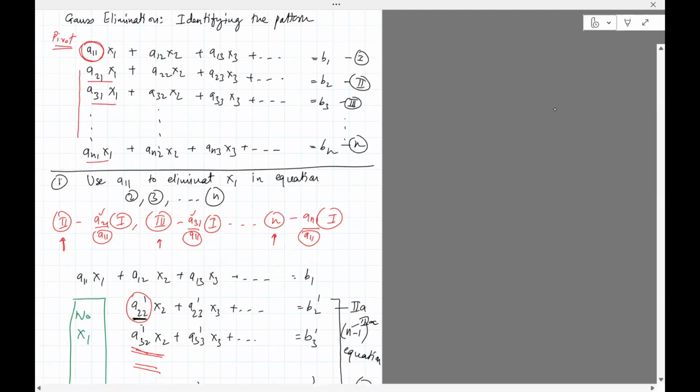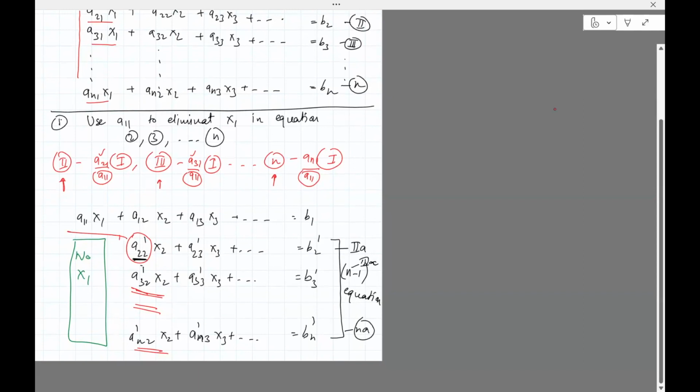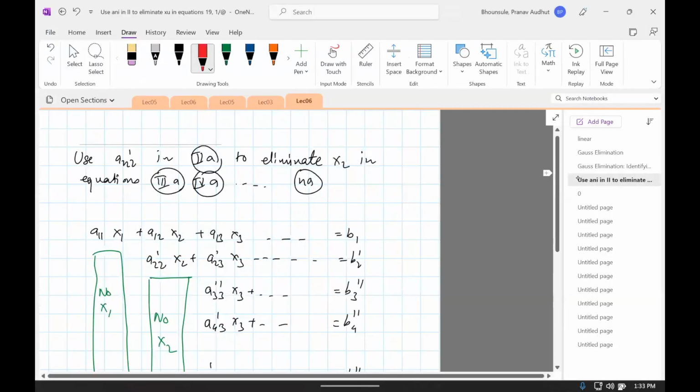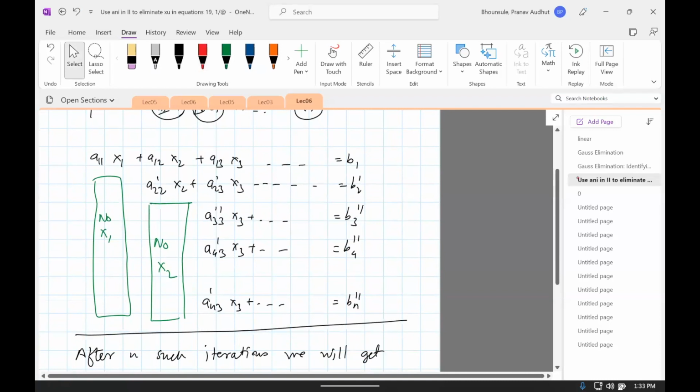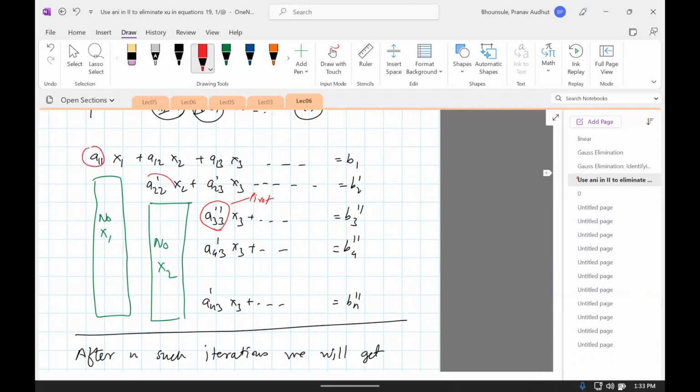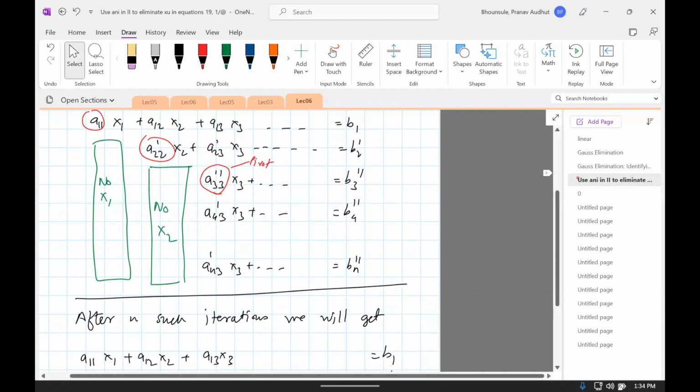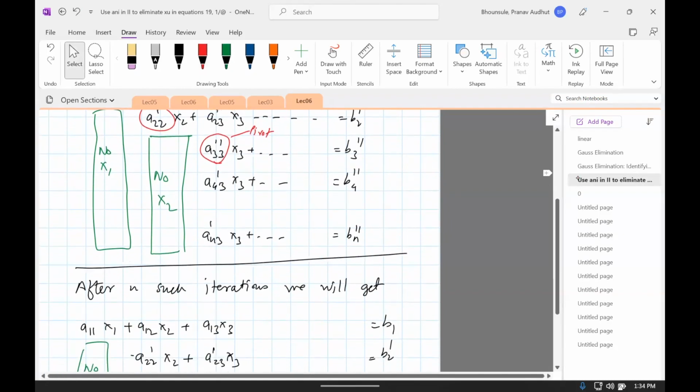After the first round, this was the pivot. It was used to eliminate all the x2s below it. And then we had this was the pivot, and so on, right? So you see that these pivots are always on the diagonal of that reduced system.